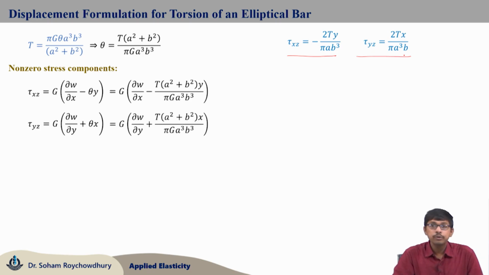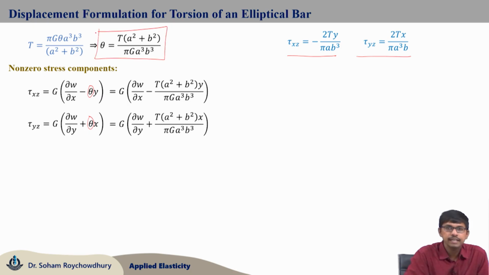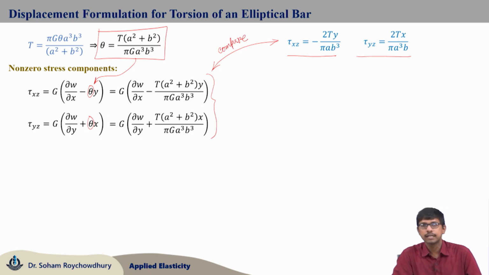Now, we are going to compare these two, and also this particular theta is replaced by using this theta T relationship. So, if you replace this theta here, you obtain the tau xz, tau yz, these two big expressions, and then compare these two equations with the previously obtained expressions of tau xz and tau yz.